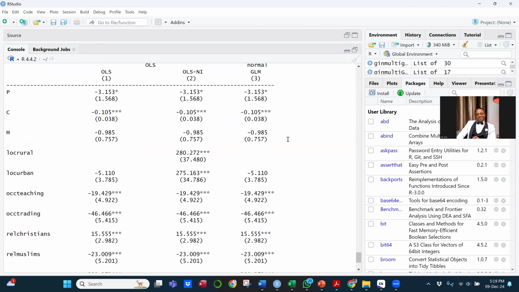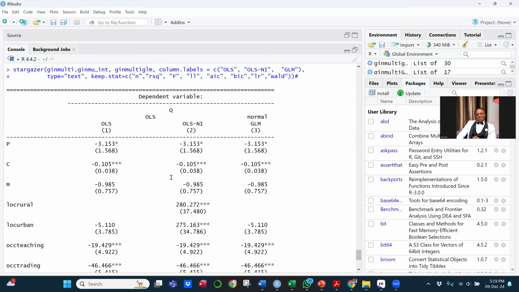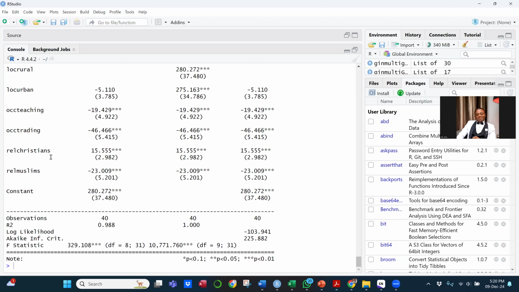And then you get that. This one is cool as well. See, what this one does is that it gives you the names for each one. It doesn't only tell you model 1, model 2, but it tells you the model. This one is OLS. This one is OLS with no intercept. This one is the GLM. Okay. And you're able to have it all here.